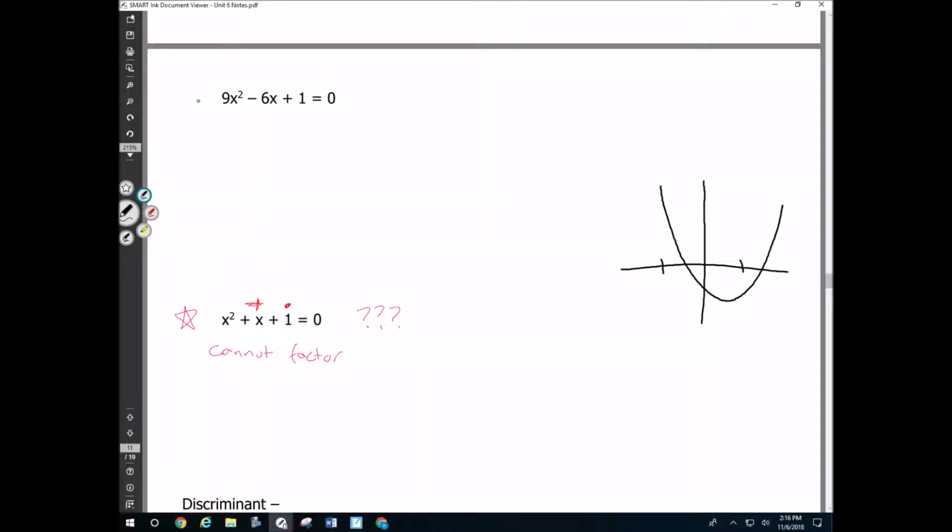All right. I didn't factor this. I forgot how to factor, but I still want to know the solutions. Why don't we find the solutions to 9x squared minus 6x plus 1 equals 0 using the quadratic formula?